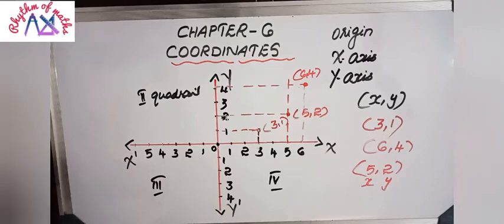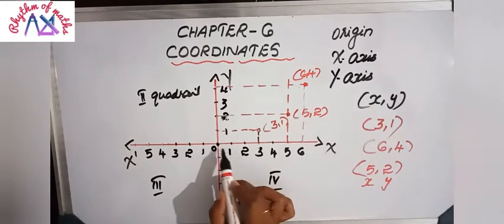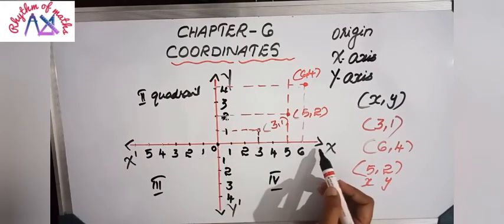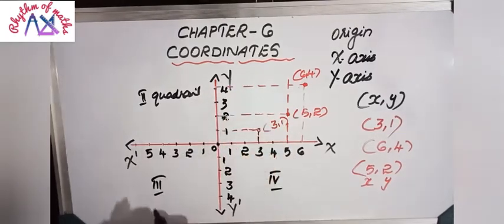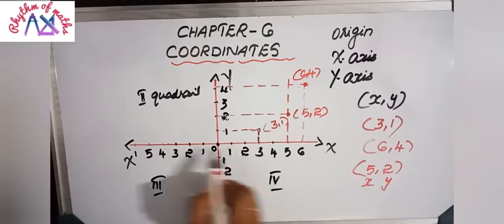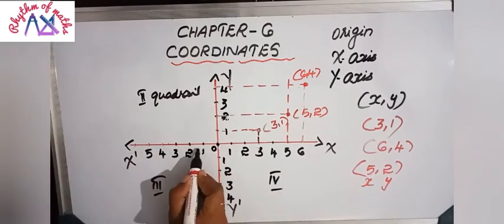Now this is about the first quadrant. The speciality of the first quadrant is all the numbers will be positive. That means these are all positive, 1 2 3 4 5 6 on the x-axis. Then the y-axis also has positive numbers. And next, towards the left, all are negative.